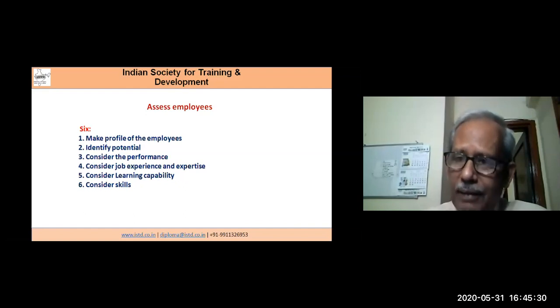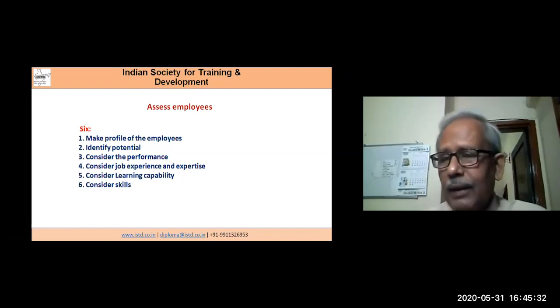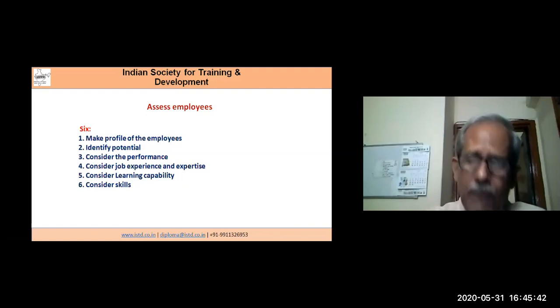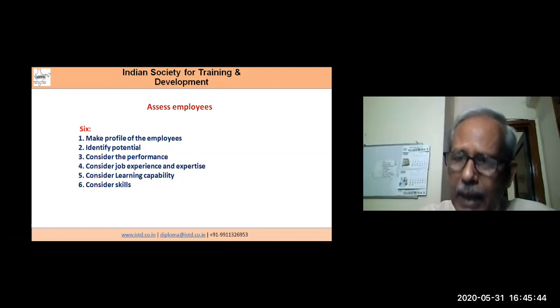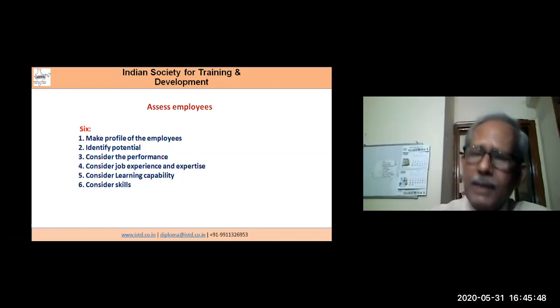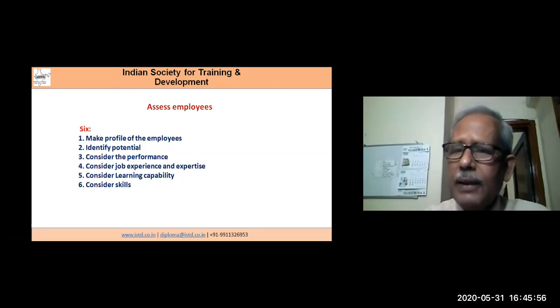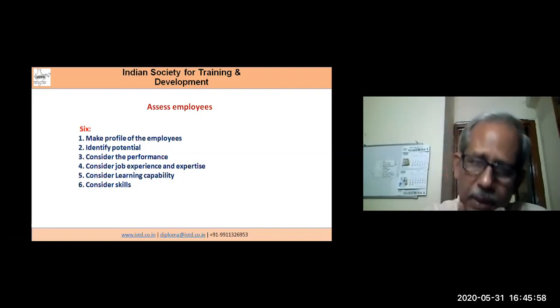But another very important thing is the learning capability. There are certain people who you can make learn things very easily because they are interested to learn and have the capability to learn things very fast. That itself is a very good quality. It is a part of talent, because the capability to imbibe and learn things quickly is a very big quality.